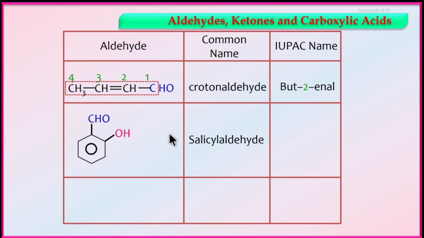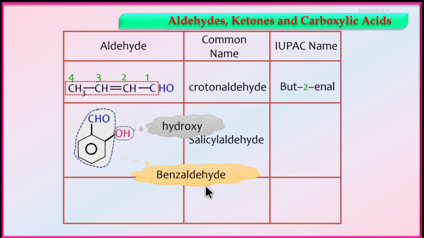Common name, salicylaldehyde, as the OH group is adjacent to the functional group, and the group which includes CHO is called benzaldehyde. The position of the OH group is on the second carbon, so it is hydroxy. So the IUPAC name is 2-hydroxybenzaldehyde.